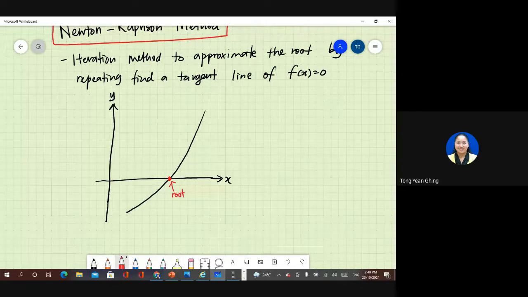Before this, with bisection, we take this interval and then we divide by 2, and then divide by 2 again, divide by 2 again.